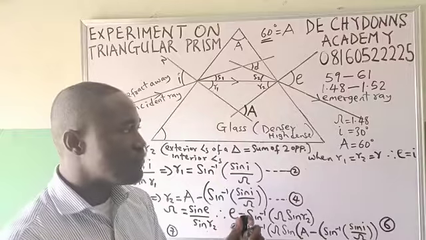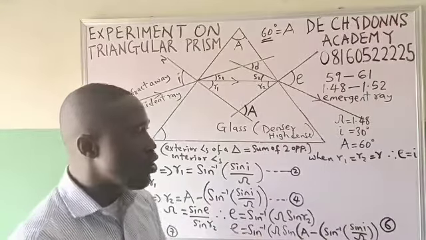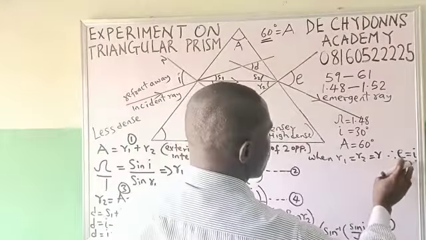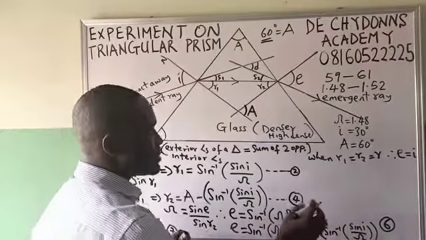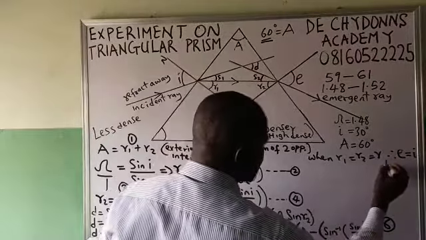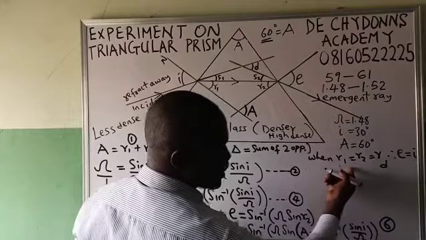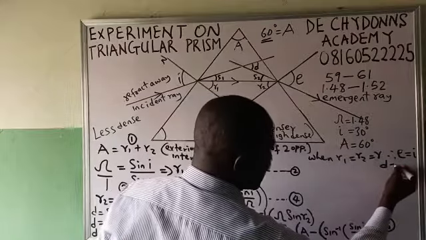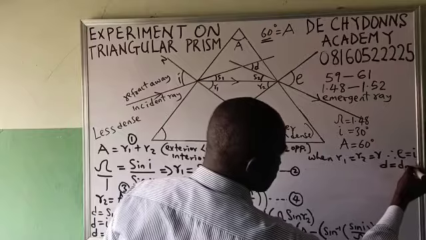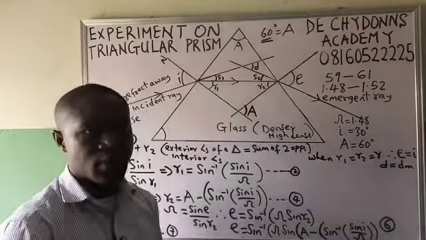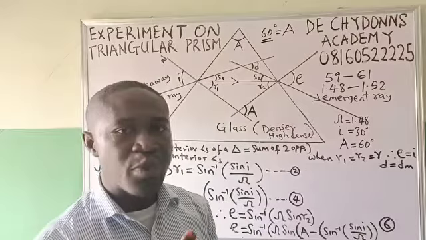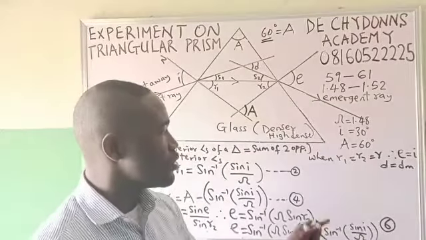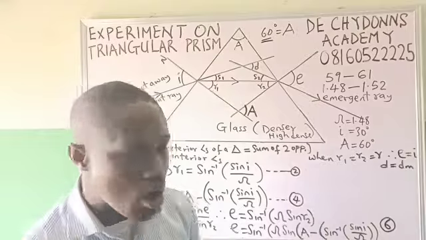When the refracted angles are equal, the emergent angle is equal to the incident angle. Another thing to note is that when such a case comes up, D will be equal to the minimum angle of deviation. The angle of deviation will now be called the minimum angle of deviation.